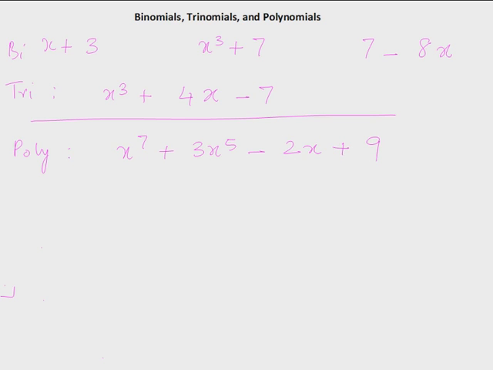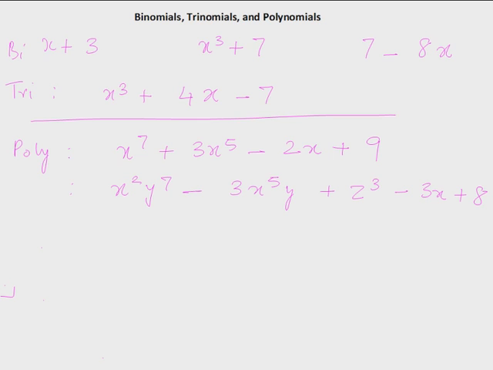That's a polynomial expression. Or something like this. This is also a polynomial expression and this has multiple variables. It has 3 variables in it.